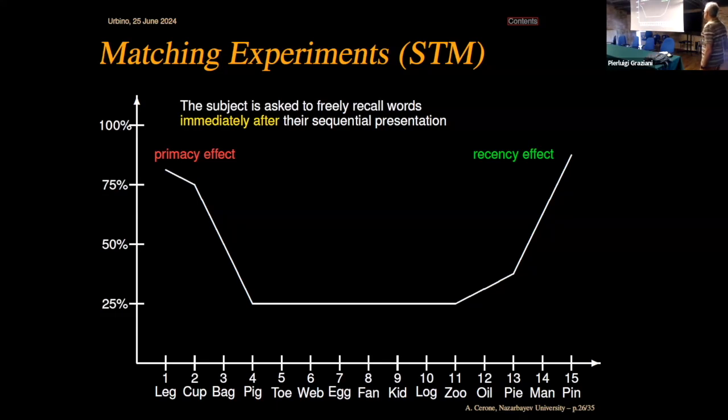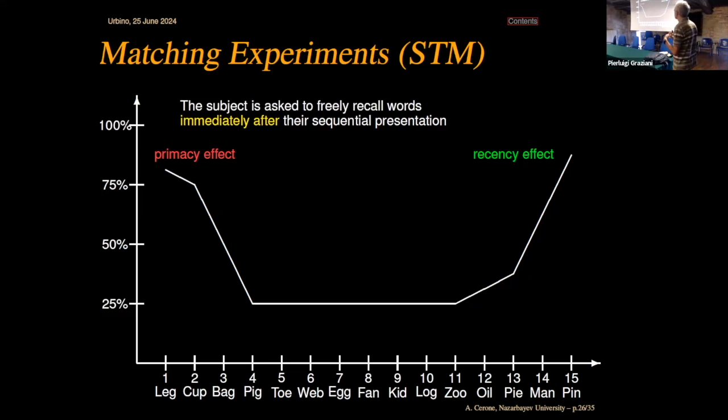Now, if I ask you to recall immediately, well, maybe 2, 3 seconds have not all passed for these words. So you are able to remember the words that you have rehearsed and the most recent words because they have not decayed yet. They are still in short-term memory. Now, there are a lot of factors to take into account, of course, like the frequency of words, many things.